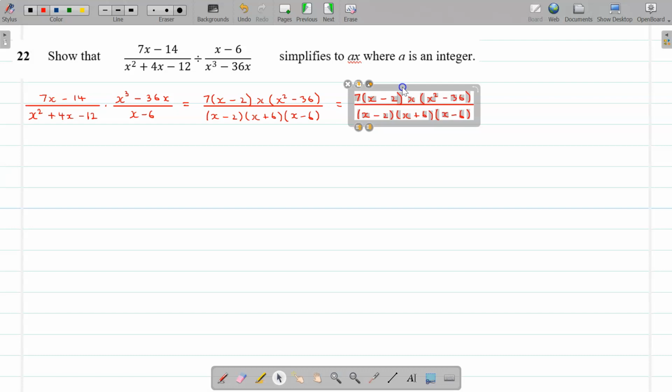I'm going to leave most of it as it is, but that last part, x squared minus 36, I'm just going to take out and write instead as x plus 6 and x minus 6.